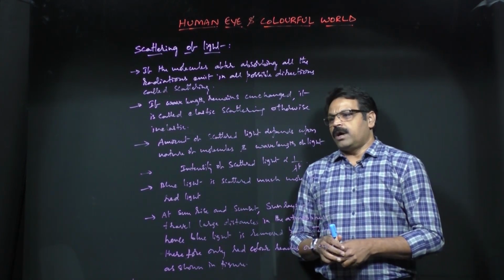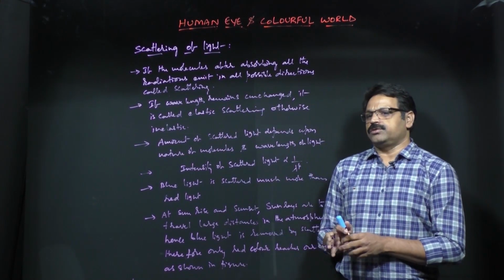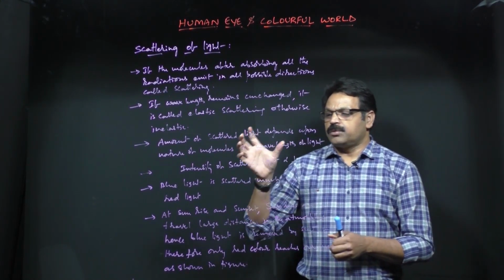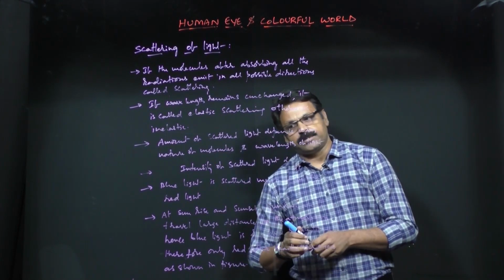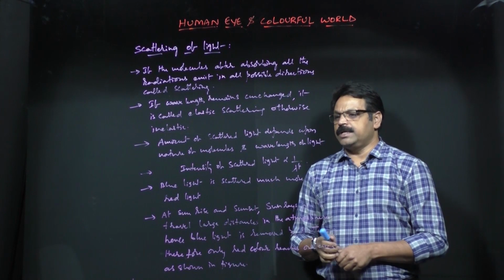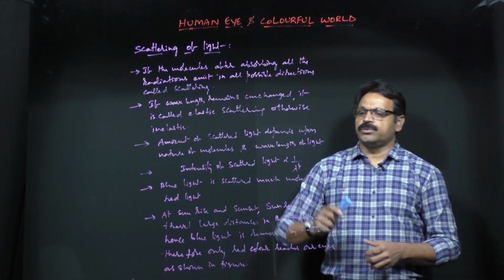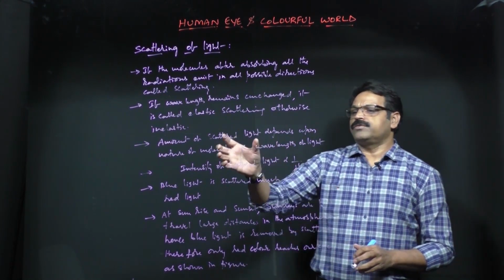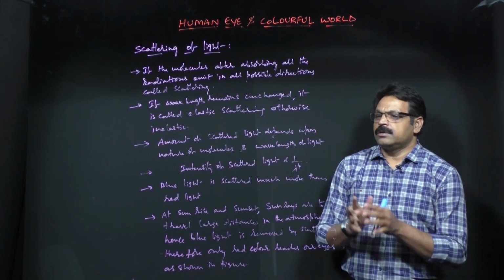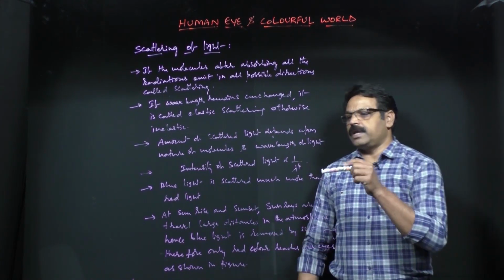Now here, according to the Rayleigh criterion, a scientist called Rayleigh, the intensity of the scattered light totally depends upon the wavelength. That means intensity of scattered light is inversely proportional to lambda power 4. That means the amount of scattered light depends upon the nature of the molecules as well as the wavelength of the light.